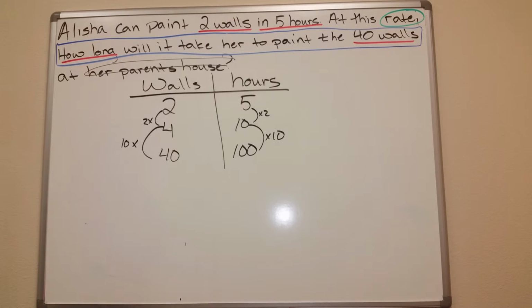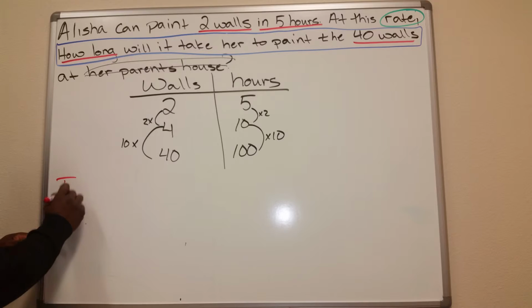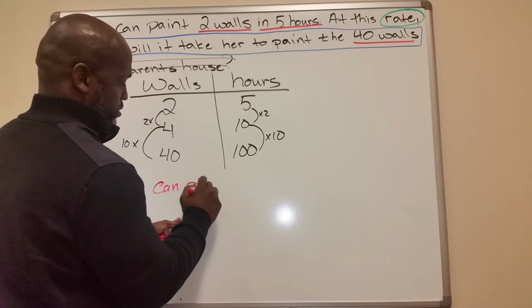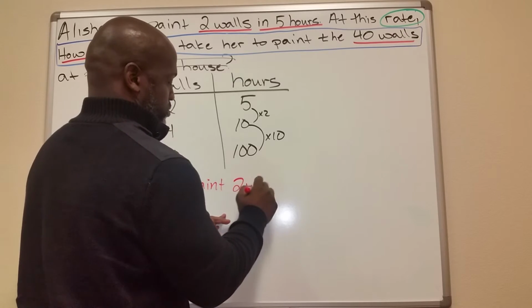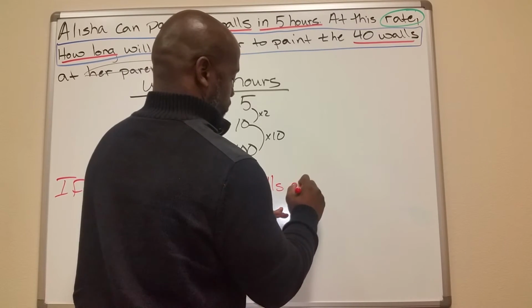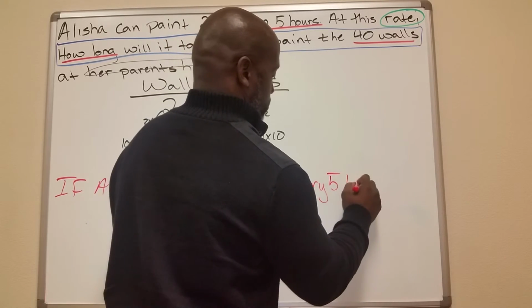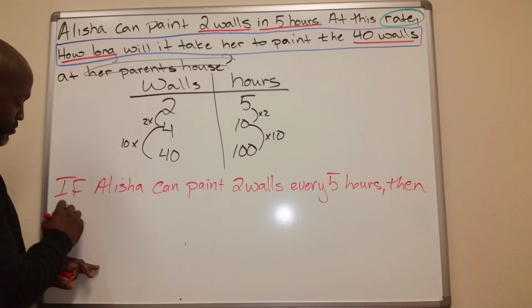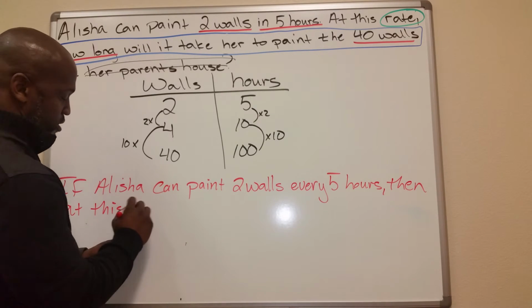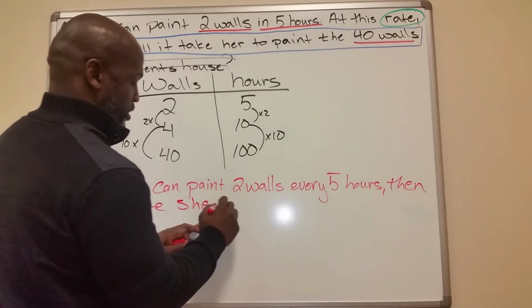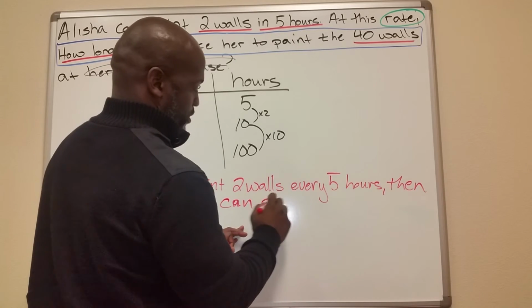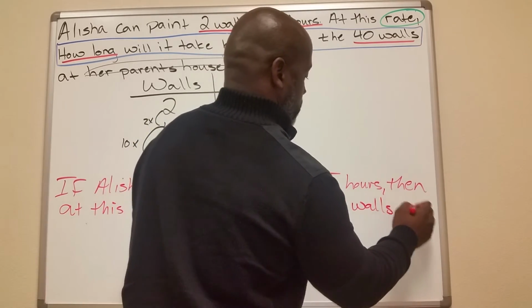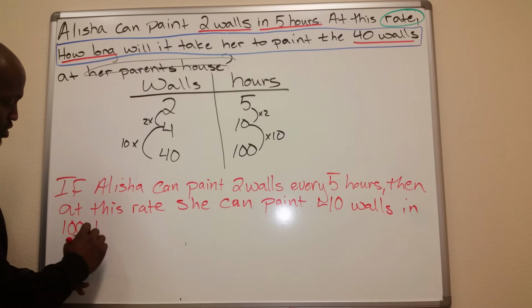So a complete sentence might say, if Alicia can paint 2 walls every 5 hours, comma, then at this rate, she can paint 40 walls in 100 hours.